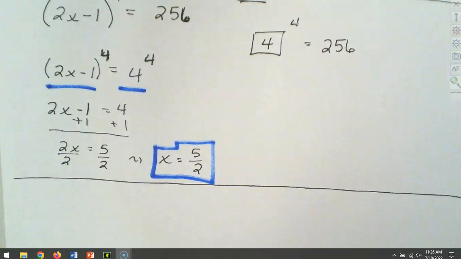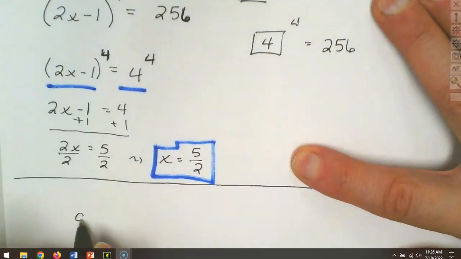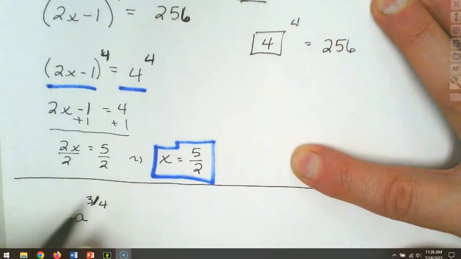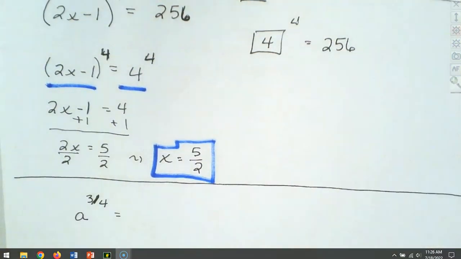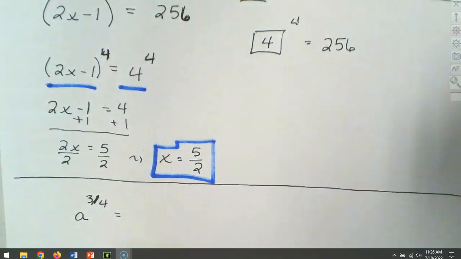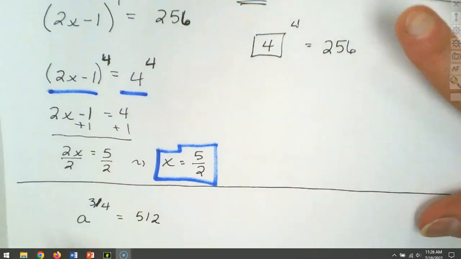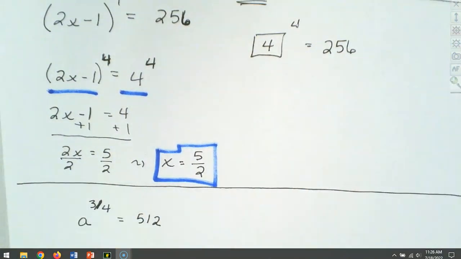I'm going to come up with a number we haven't used in a while. Okay, how about A to the 3/4 power equals 5/12.